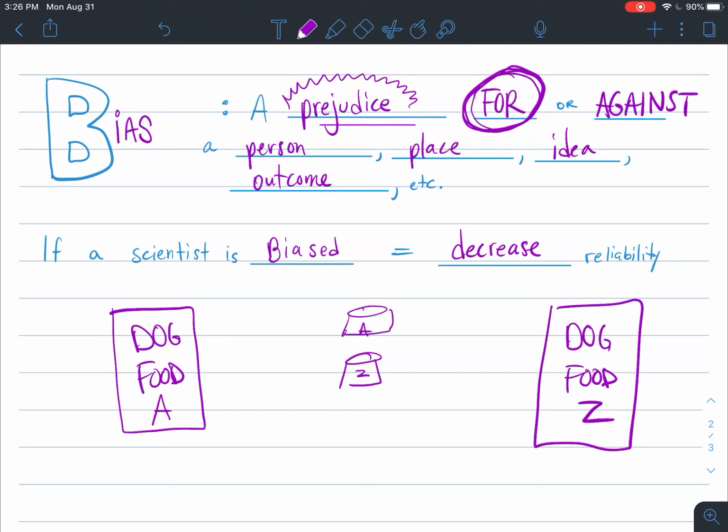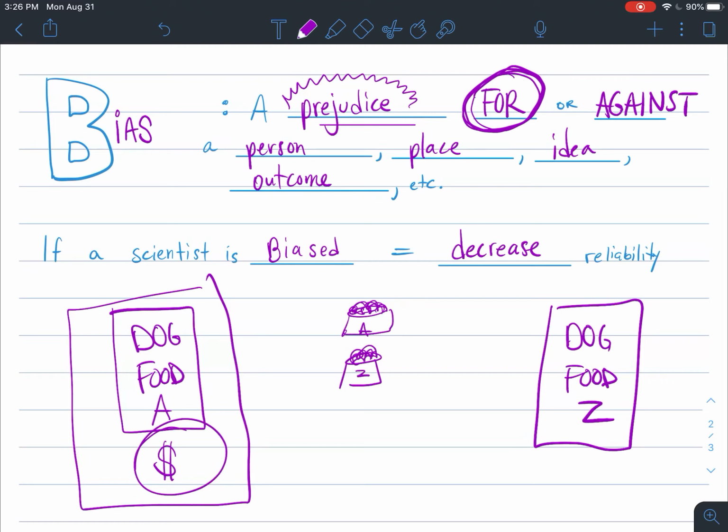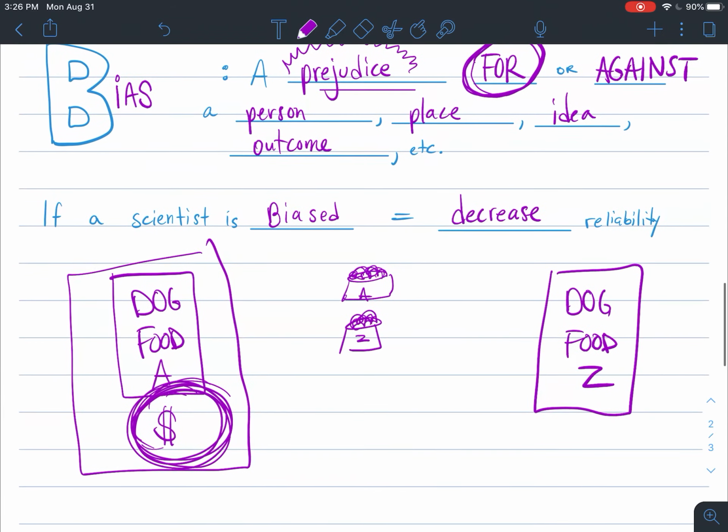Well, this person who is trying to sell dog food A for money is going to tell you it's really, really, really good. But when you actually test it and you give it to your dog, it eats both of them the same. Well, what's really happening here is the reason that the scientist said that dog food A is better is because they're going to make some money. So therefore, they're biased about dog food A because they know that if you choose A, they're going to end up making money. So that's what bias is, and I hope that that makes sense.